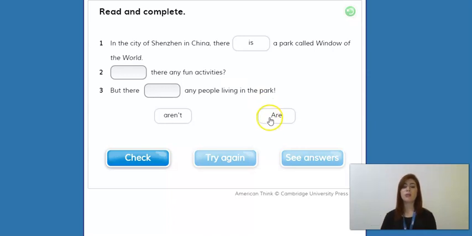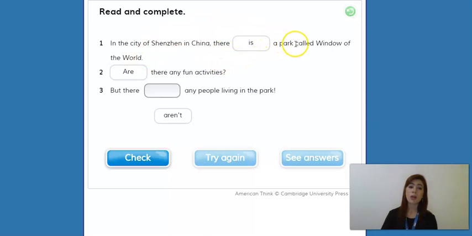So here we have are there any fun activities? So as you can see, in the first example we have there is a park called Window of the World. When we make a question, then we use are there any fun activities? Notice that we inverted the position here, okay?